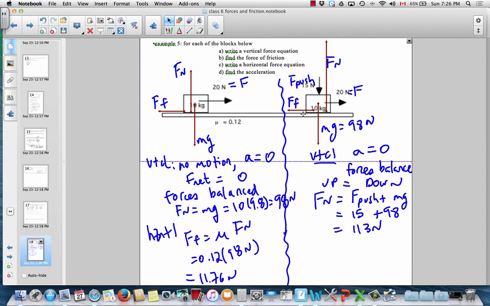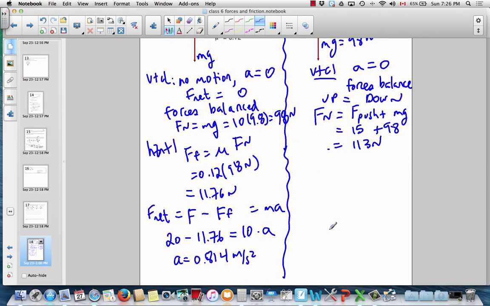Well, because friction's proportional to normal force, now we're going to have more friction. Let's continue with the analysis. Horizontally, friction is mu Fn.